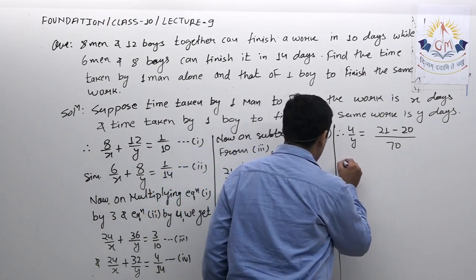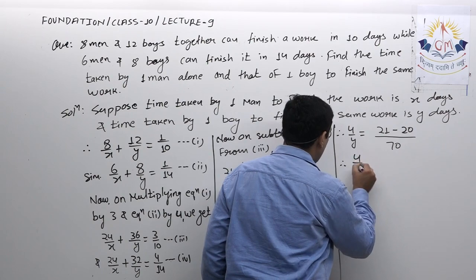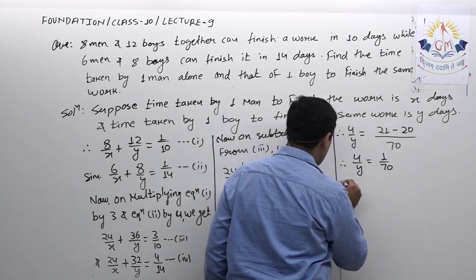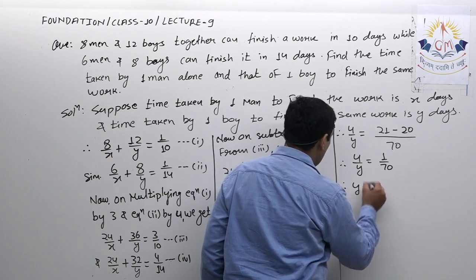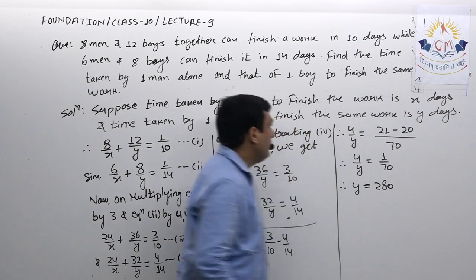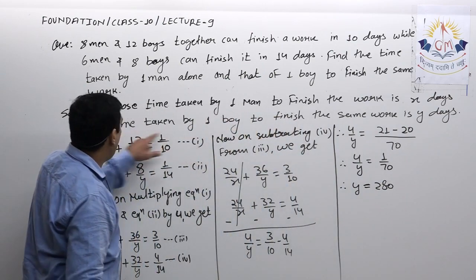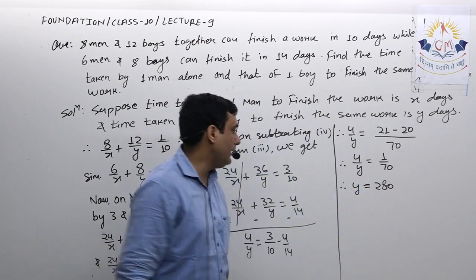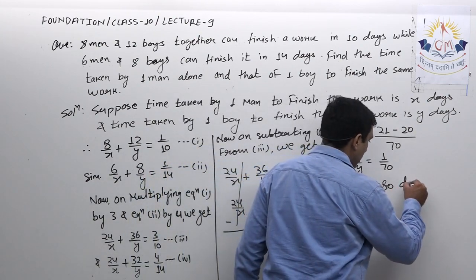Okay, so here I will get 4 upon y is equal to 1 upon 70. Therefore y is equal to 280. That means the time taken by one boy to finish the work is 280 days.